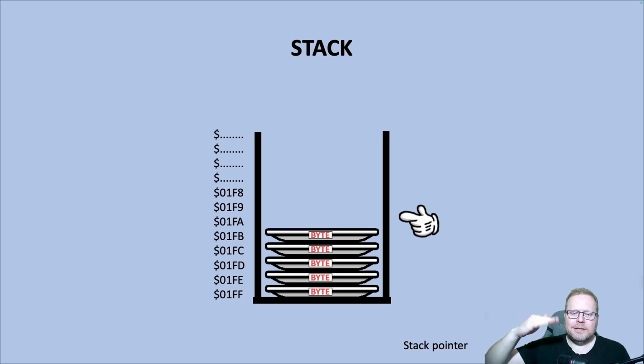So we can add something to the stack 256 times. Well, somewhere around there, because the stack is 256 bytes. And we're doing that for every plate I put into the stack now. Every byte. That was a push, PHA.